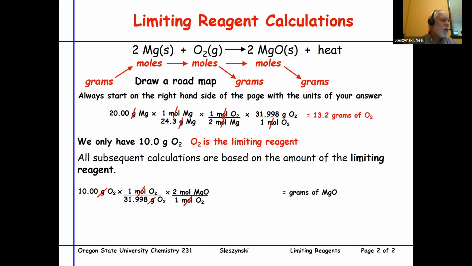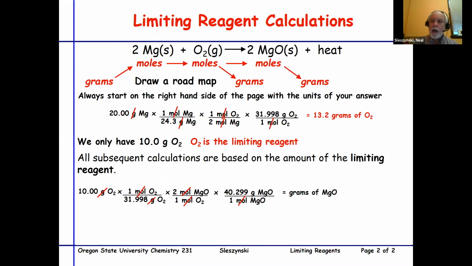Now I know how many moles of magnesium oxide I can produce using 10 grams of oxygen. I'm going to multiply by the gram molecular weight of magnesium oxide, which is 40.299 grams per mole. Moles of magnesium oxide cancels out.